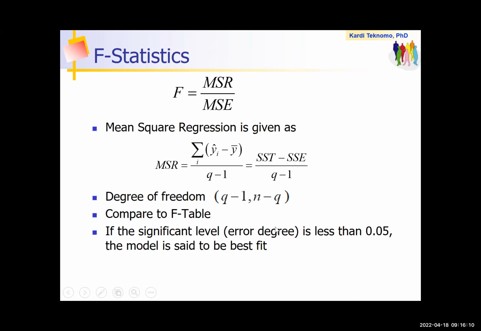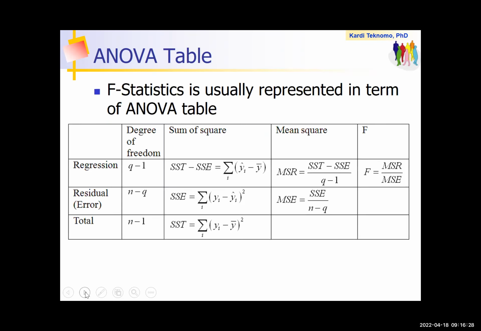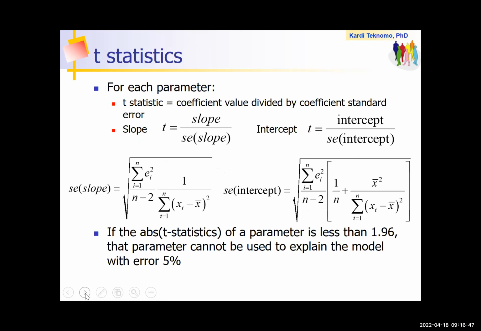So these are a few indices that you can use to check whether the linear regression is good or not. This is the computation of the F value. We call this the ANOVA table. ANOVA is analysis of variance.